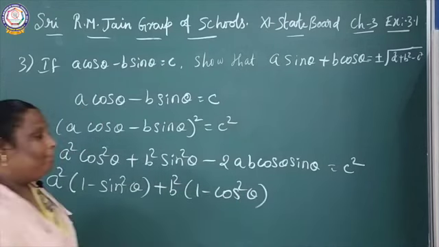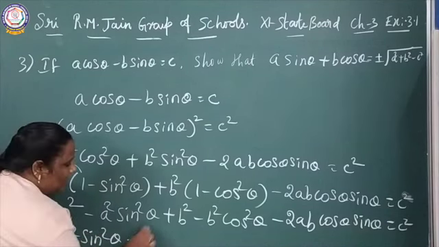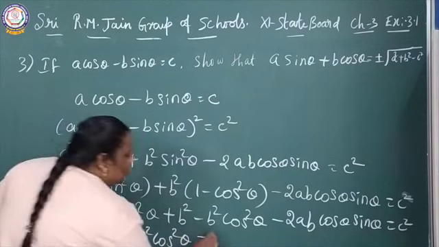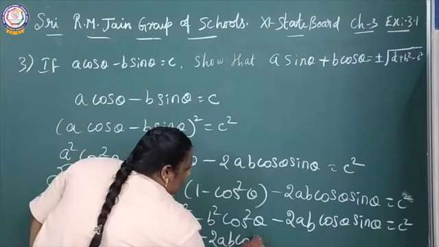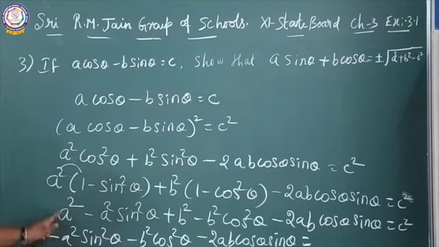Okay, see here, what is the answer? Plus or minus root of A square plus B square minus C square. So I bring A square, B square to the next side. Minus A square sin square theta minus B square cos square theta minus 2AB cos theta sin theta equal to C square minus A square minus B square.